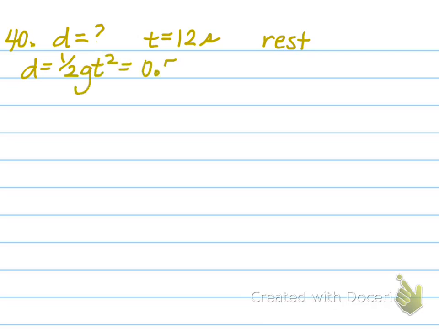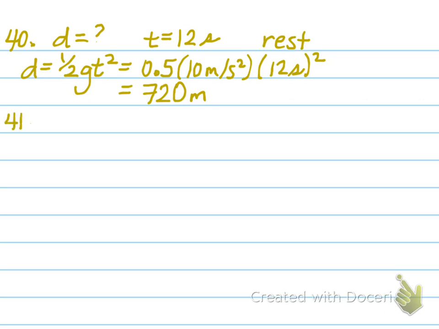So 0.5, G is still 10 meters per second squared. Our time is 12 seconds, and we have to square that. So 0.5 times 10 times 12 squared gives me 720 meters for number 40.